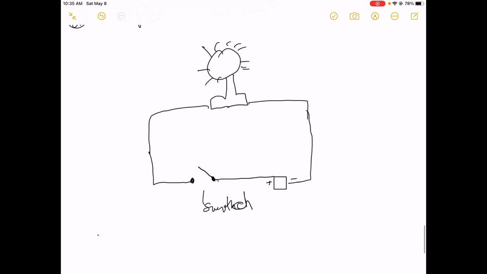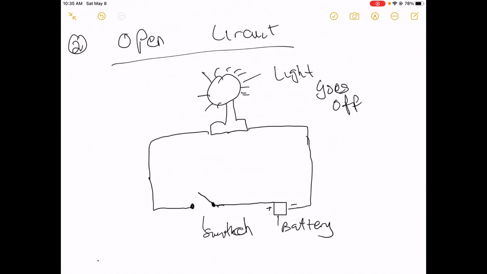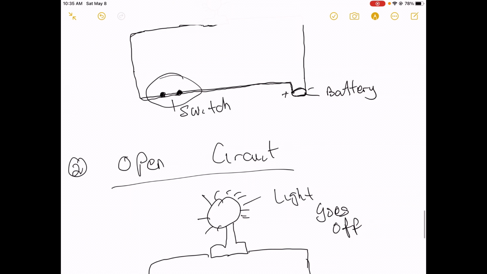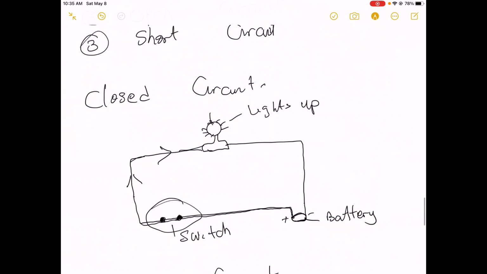When this battery gives a current, it flows, and because it is open, there's no continuation. So what happens to our bulb? The light goes off. So this is what they call an open circuit. When your circuit is open, no current flows through. The current stops at this place, but immediately it's closed, just like our closed circuit, we have a current that flows through.